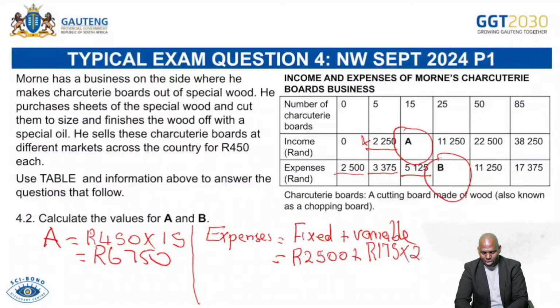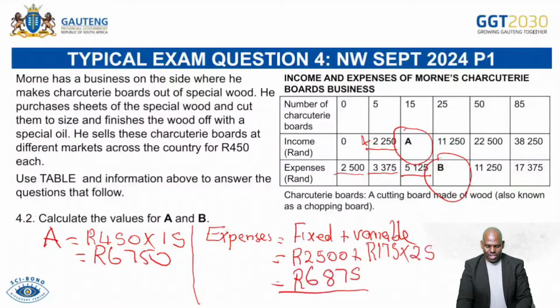Let me start by saying 175 multiplied by 25. Then I add 2,500 plus 2,500. And this will give me 6,875.